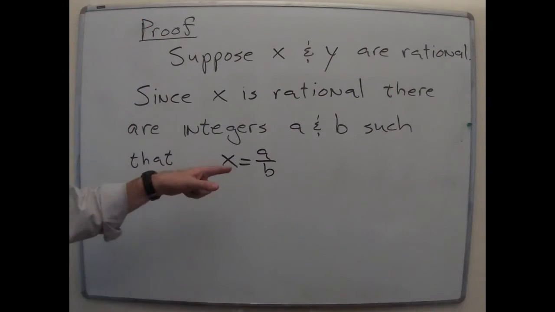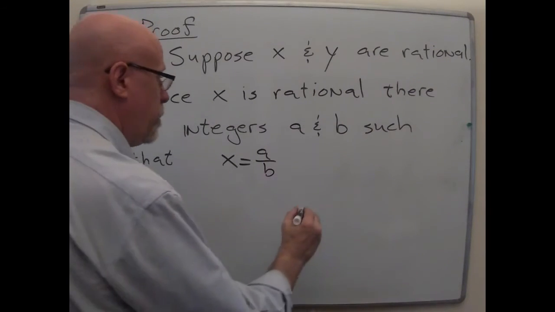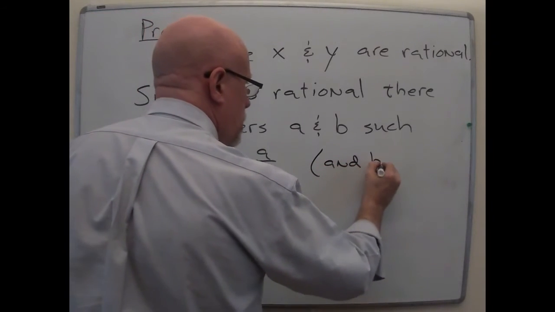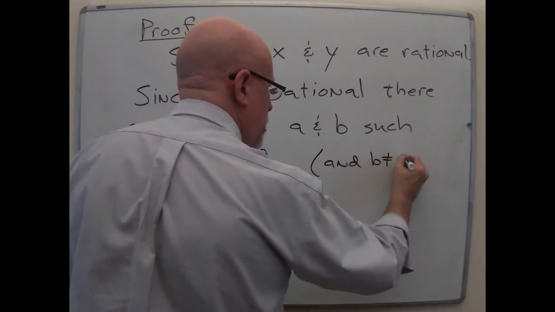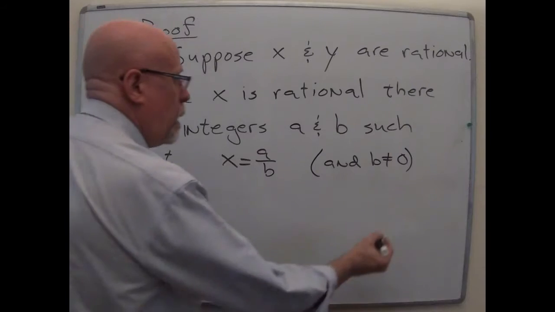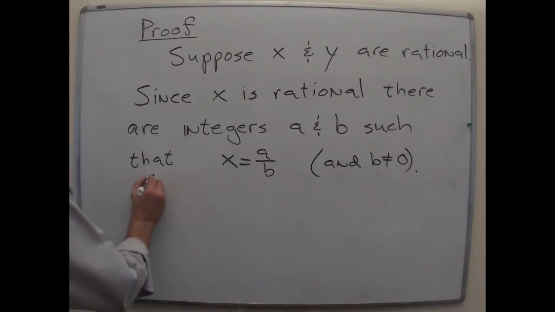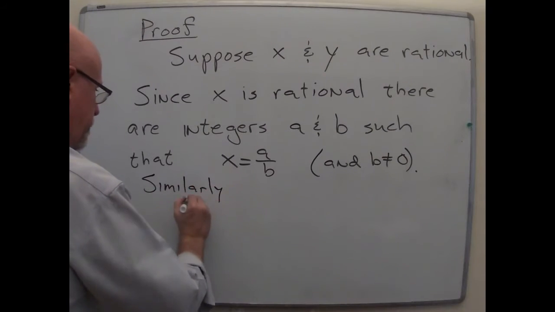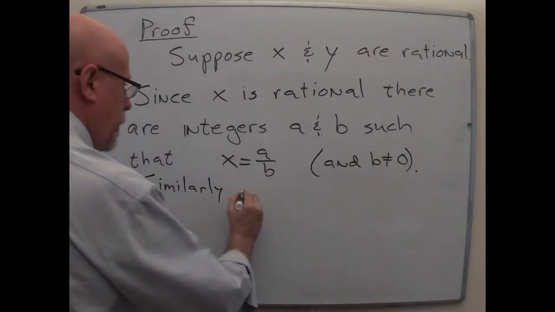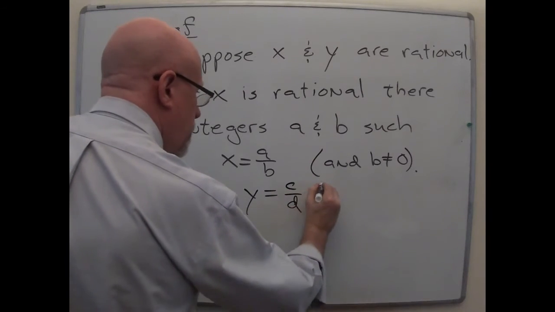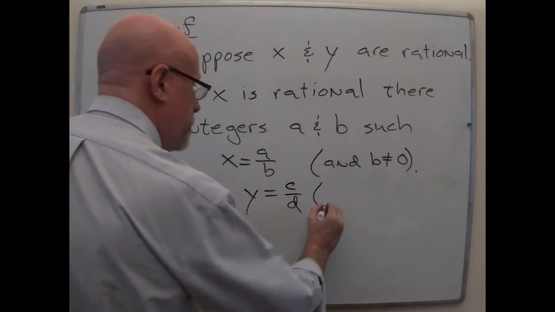Oh, and b is non-zero, right? Remember that piece, because you always need that piece. The definition of rationality had two pieces, that you could write the number as that fraction and the bottom wasn't zero. Similarly, I'm just going to say similarly because it's the same train of logic, y is equal to, say, c over d, and d will be non-zero.